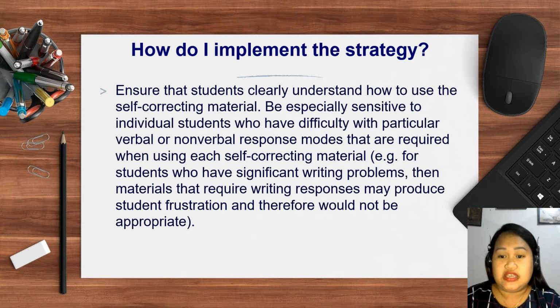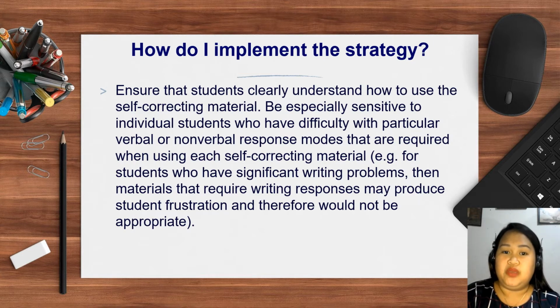Then another thing is we have to be very sensitive when it comes to the difficulties of our learners, particularly in the verbal or non-verbal response. For example, for students who have significant writing problems, it is not appropriate for us teachers to require our students to use this self-correction strategy since it may cause frustration on their part.